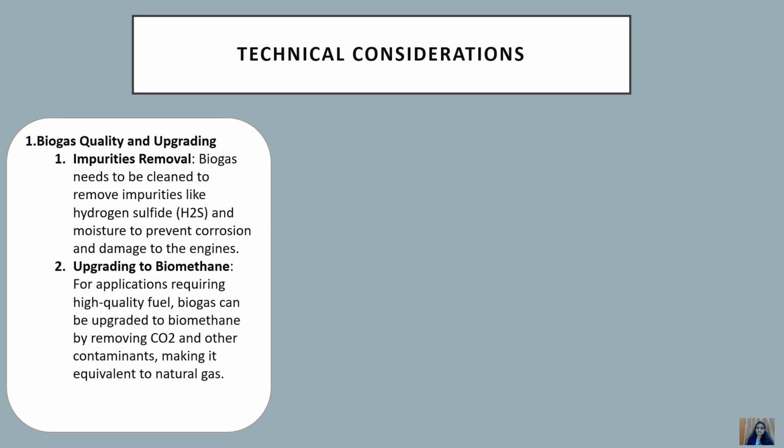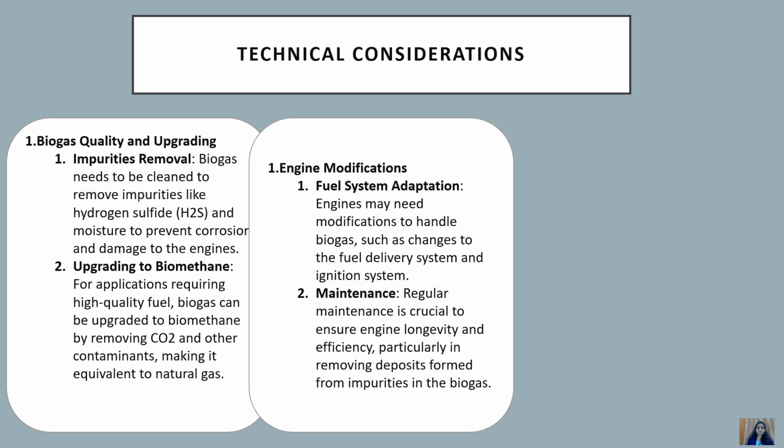Usually the engine and metal appliances are exposed to corrosion, so biogas needs to be cleaned to remove impurities to prevent this corrosion, and upgraded to biomethane for applications requiring high quality fuels. Biogas can be upgraded to biomethane by removing carbon dioxide and other contaminants, making it equivalent to natural gas.